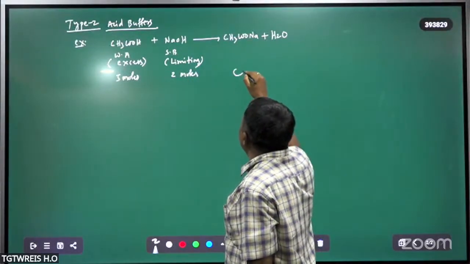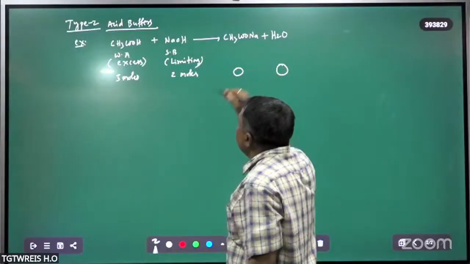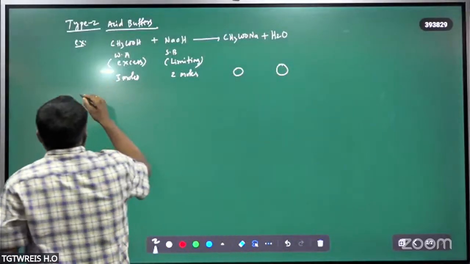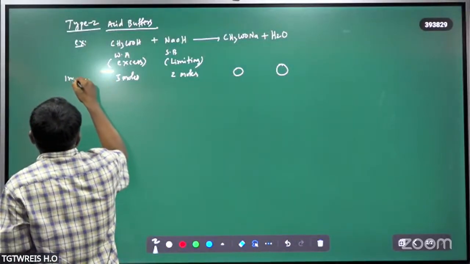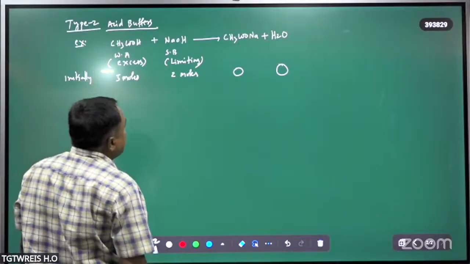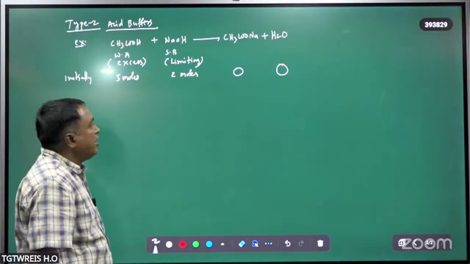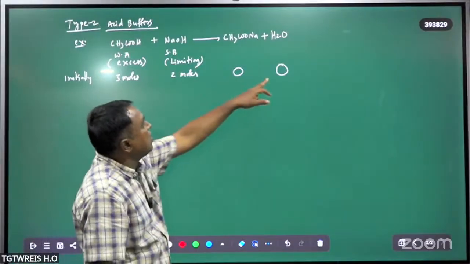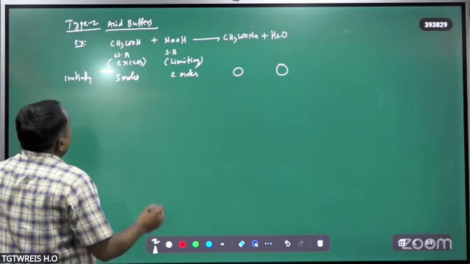Initially there is no CH3COONa and water in the reaction mixture, therefore these two are zeros.